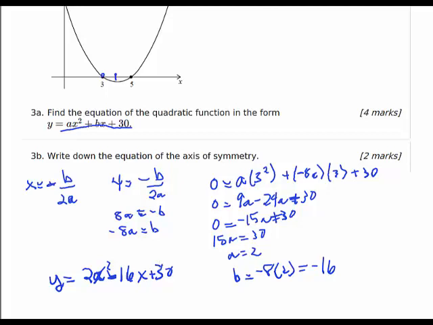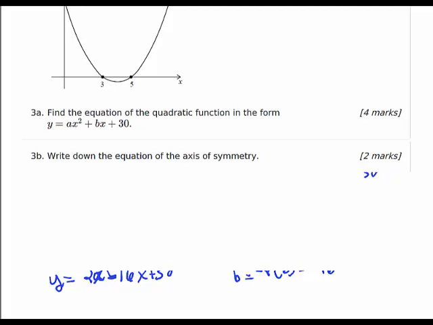Another way to look at this is that these points here are roots. And what that means is that y equals a, which is the coefficient that either makes this stretch in or stretch out.